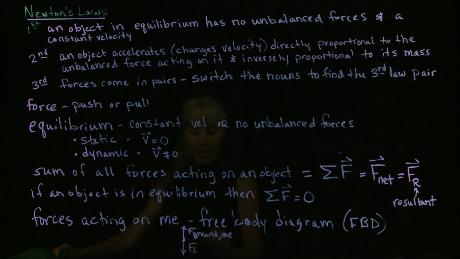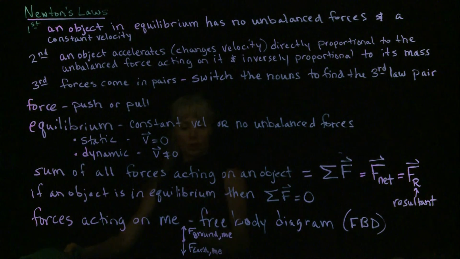Now, if I wanted to add those 2 together, remember, I would assign a coordinate system, and in this case I'm just on one line, so I would say this direction's positive, this direction's negative. Adding those 2 together, I would get 0.